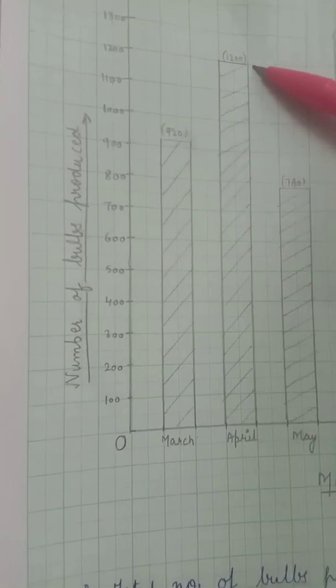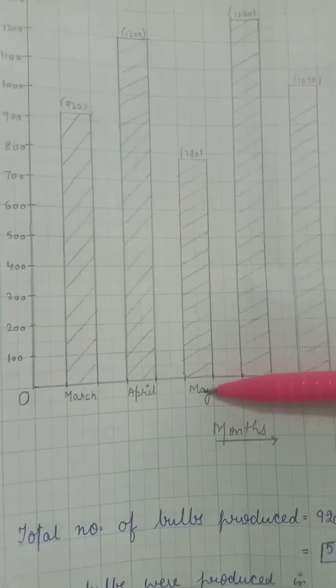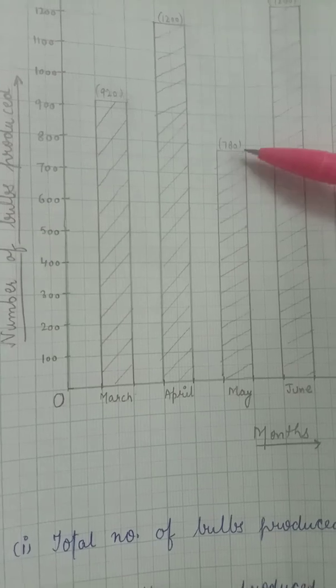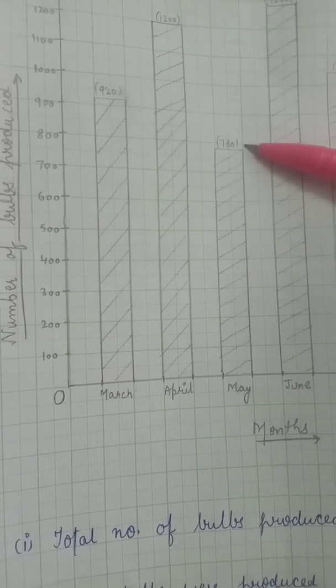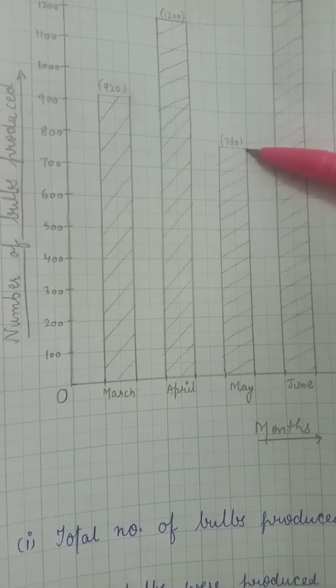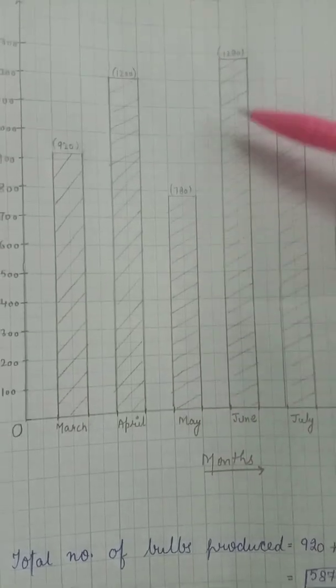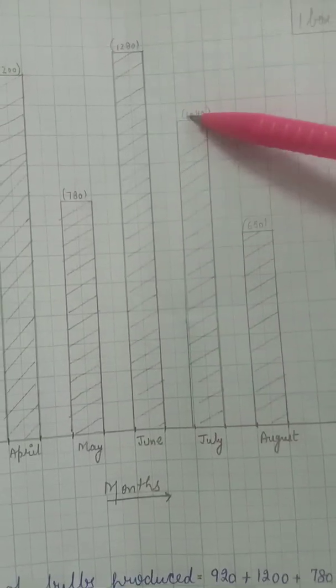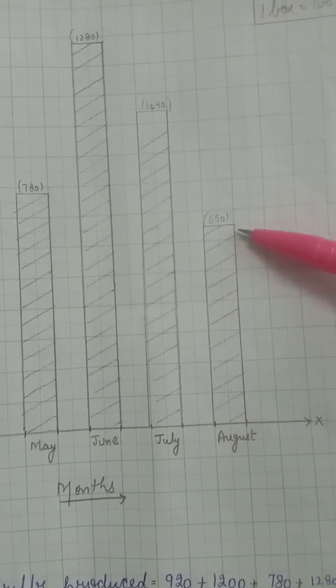April 1200, we can get it directly. May 780. So between 700 and 800, 8 small divisions, 780. June 1280. July 1040 and August 650.